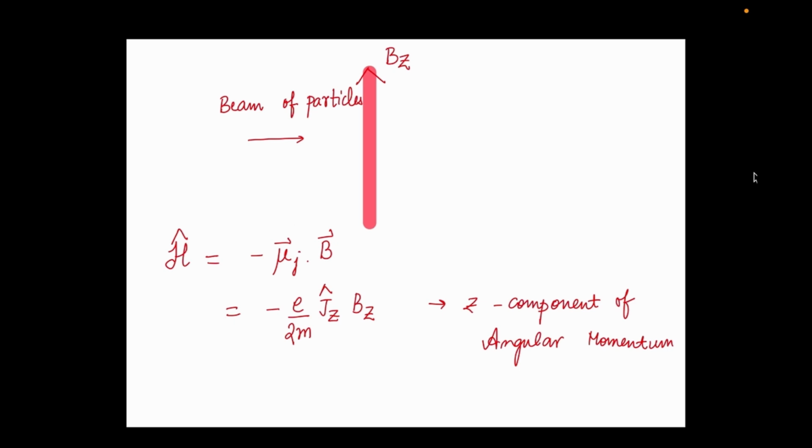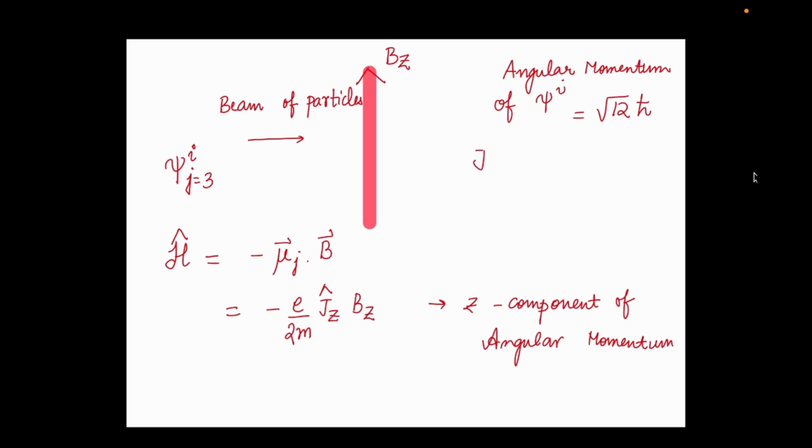Now what is your initial state? Psi i, which is j equal to 3. How do you see that? Because the angular momentum of the initial state psi i is square root 12 h bar.